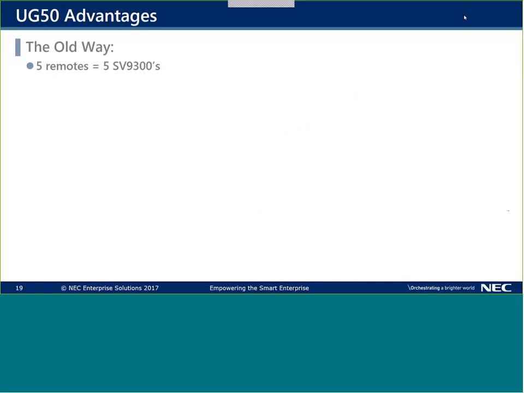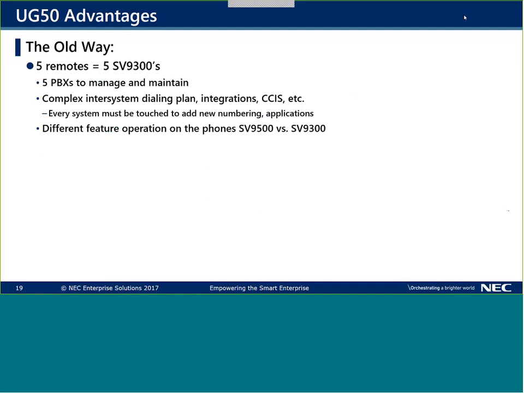So why might you choose the UG50? Well, let's consider what I'm going to call the old way. If we had a need to add 5 remotes to our system today without the UG50, we would probably go get 5 SV9300s. At that point, we've now procured 5 PBXs. We have to manage and maintain them over their life cycle.